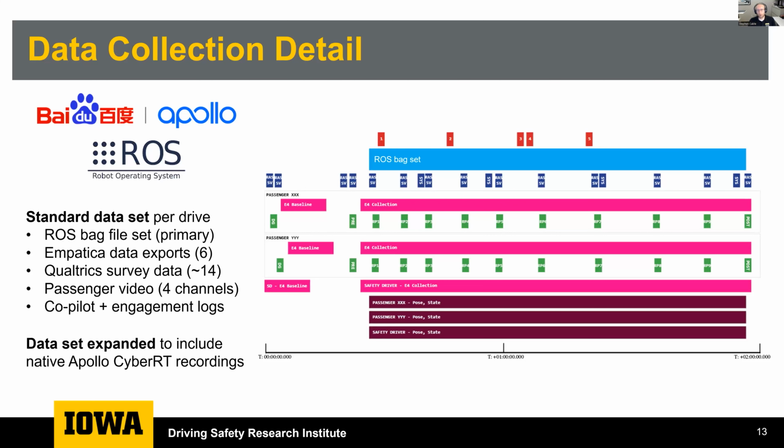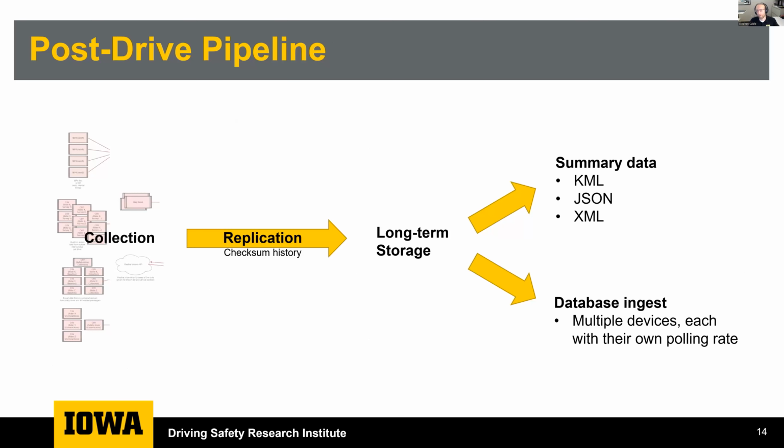So after each drive, all of those pieces of data are worked through a replication system, which copied all of that data into a long-term cloud storage solution. During replication, each file is assigned a checksum value, which allows for validity all the way through the process. We want to make sure that you could go back and check that what you were seeing at the end is exactly what was created at the beginning.